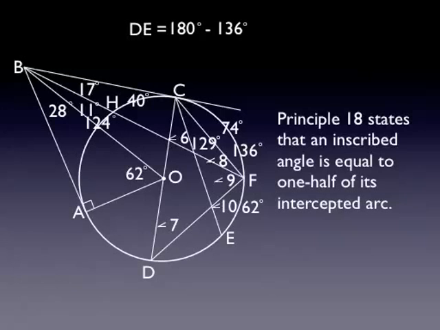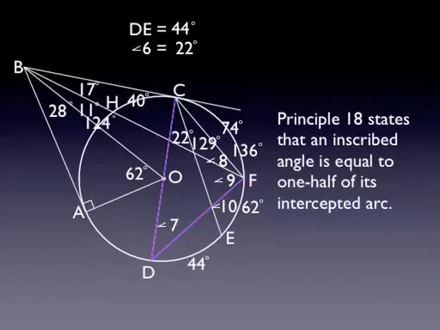Now to figure out arc DE, we're going to subtract the 136, which is arc CE, from 180 degrees, which is arc CD, which is a diameter. So subtracting the two, we get 44 degrees for arc DE. And via principle 18, we divide that by 2 and find that angle 6 is 22 degrees.